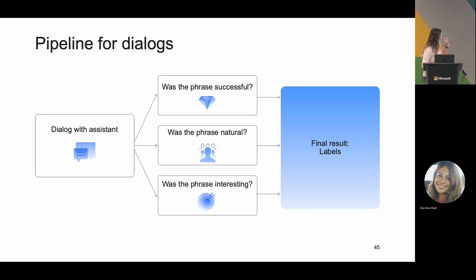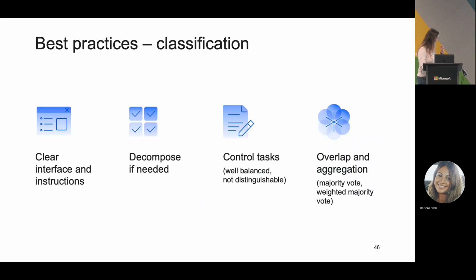The input is the dialogue with the assistant, and then we have different projects where we ask about a particular thing, whether it is fulfilled here, and then we gather the results.